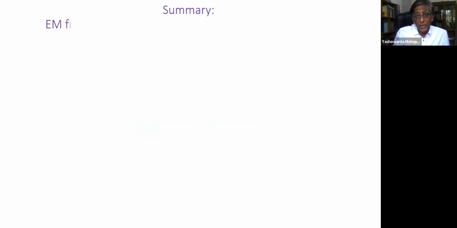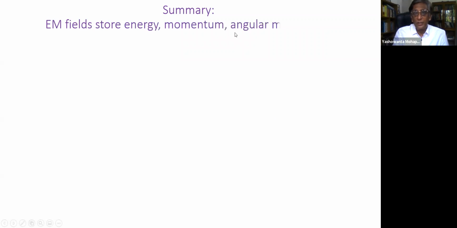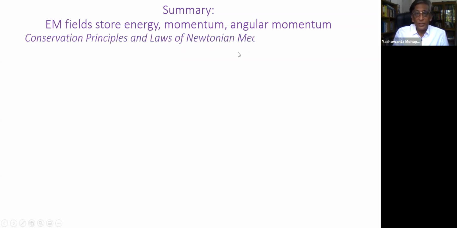So in summary, I can say that EM fields store energy, momentum, and angular momentum, and these conservation principles and laws of Newtonian mechanics are all obeyed, as you would expect valid physics to obey.